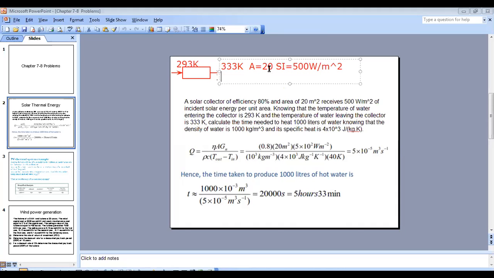Useful energy is the efficiency times the energy absorbed. These are basics, you should know that. You should take into account the energy absorbed times the efficiency, because not all absorbed energy will be used. We will have losses. This is why they gave us the efficiency of the solar collector. So it's energy absorbed times efficiency.